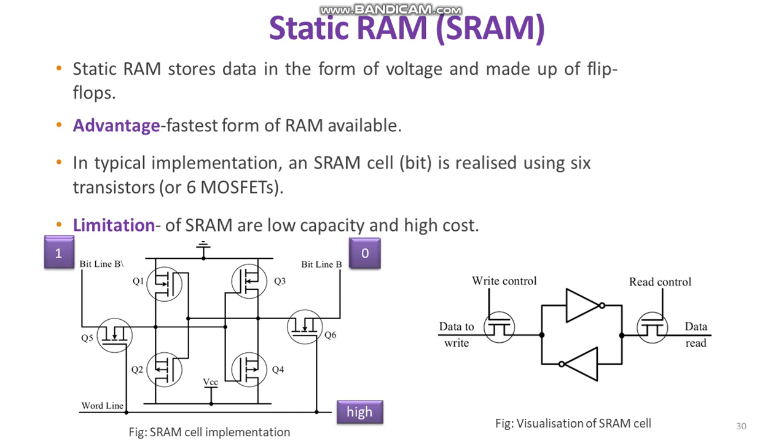This is for writing data 1 and 0. If you want to read the content of the memory cell, both bit lines, B and B bar, are set equal to 1, and set the word line to 1.